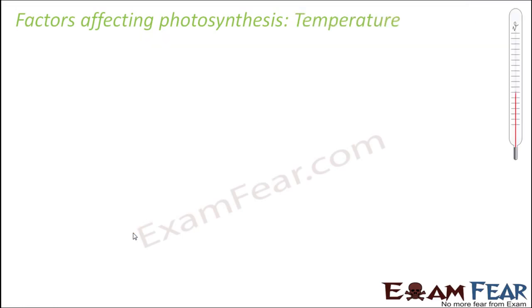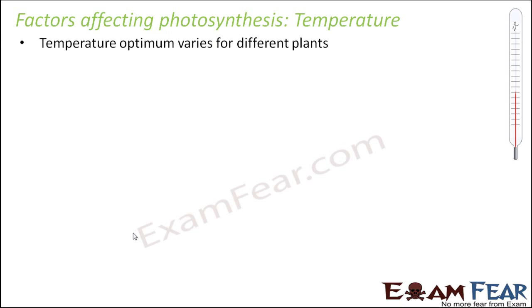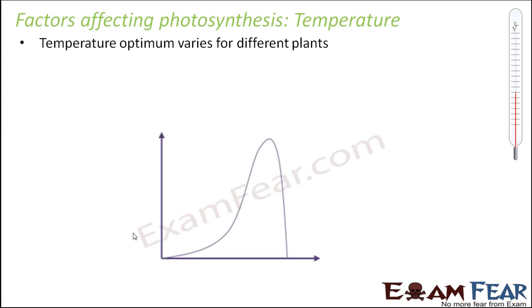Let us look at the next factor, that is temperature. Temperature optimum varies for different plants. It is seen that at low or medium light intensity and at a moderate temperature, the rate of photosynthesis is independent of temperature.